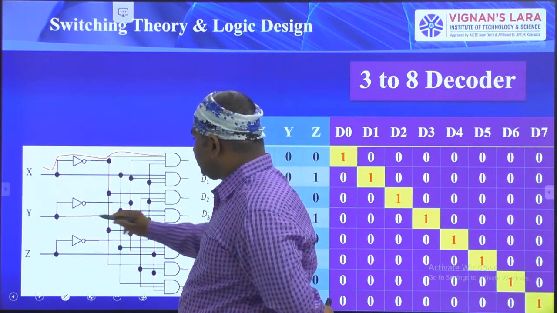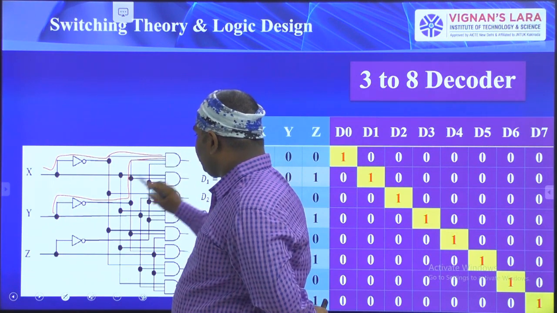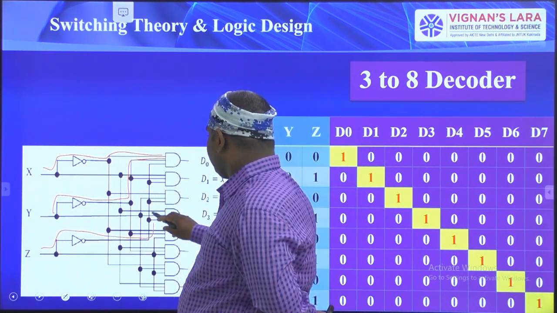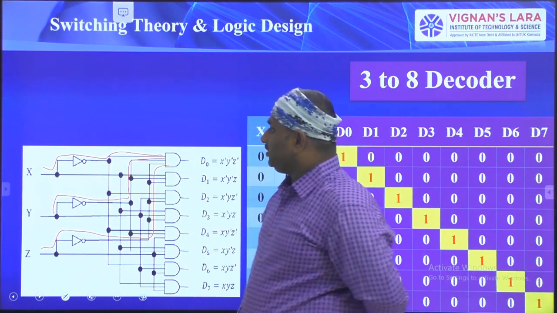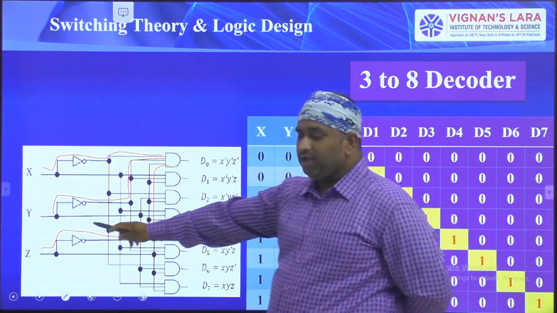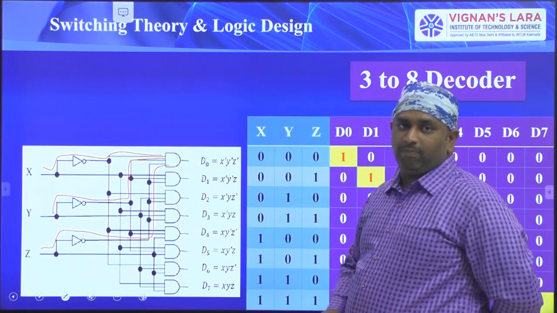This is connected to this gate, and this is the Y signal, Y bar signal, connected to here. And this is the Z signal and an inverter is there, so it is converted to Z bar, and this Z bar is connected to this gate. For this gate we have given X bar, Y bar, Z bar. Totally D0 is equal to X bar, Y bar, Z bar.